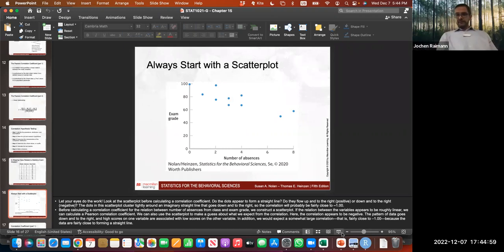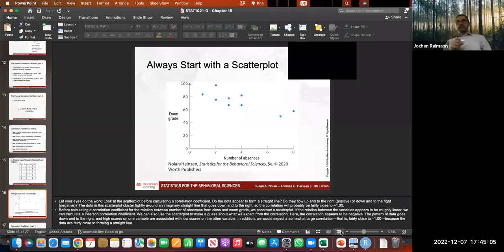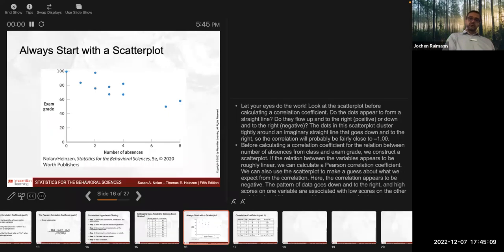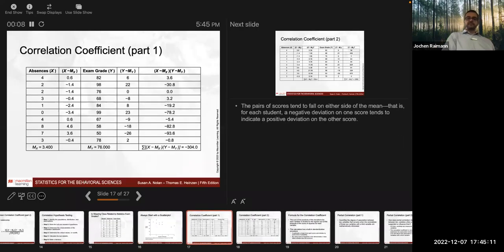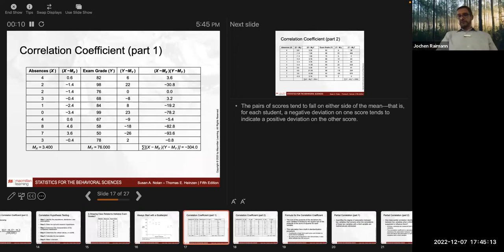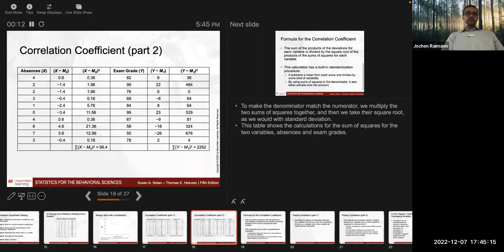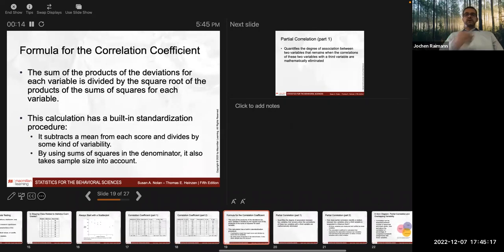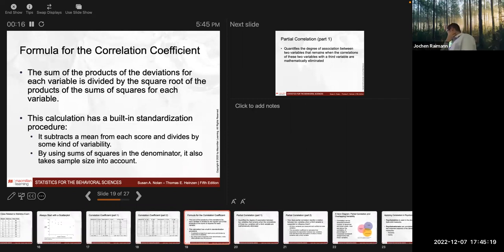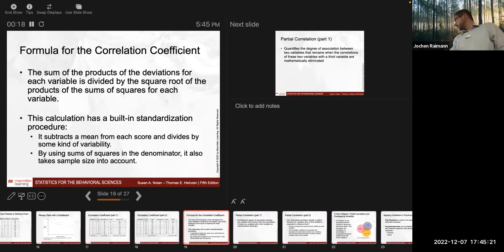So then let's continue. We know now that there's an inverse relationship between absences and the exam grade. So it's the sum of the products of the deviations divided by the square root of the product.